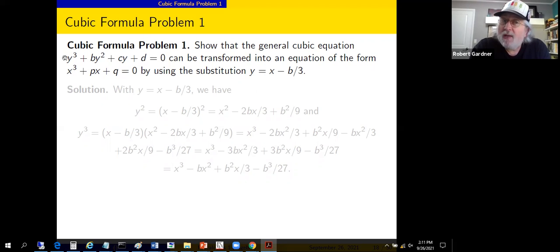If it wasn't 1, you could always divide both sides by whatever this parameter is, a. If a is the leading coefficient and you have a y cubed plus b y squared plus c y plus d equals 0, divide both sides by a. This then becomes 1. These others get modified, but still there's some particular real numbers.